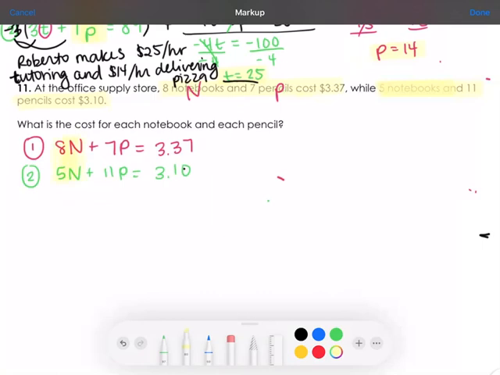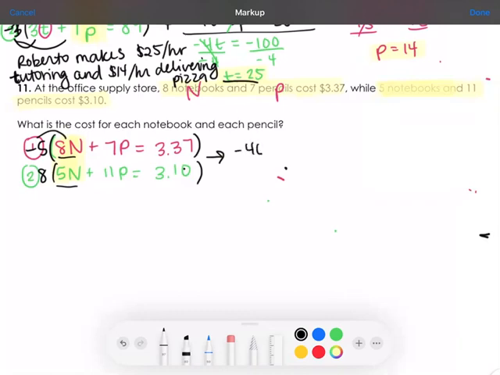I'm going to get rid of the N, so that means that I need to multiply the top equation by a -5, and I can multiply the bottom equation by 8. My goal being to cancel out the N's by getting a -40 up here and a +40 down here.